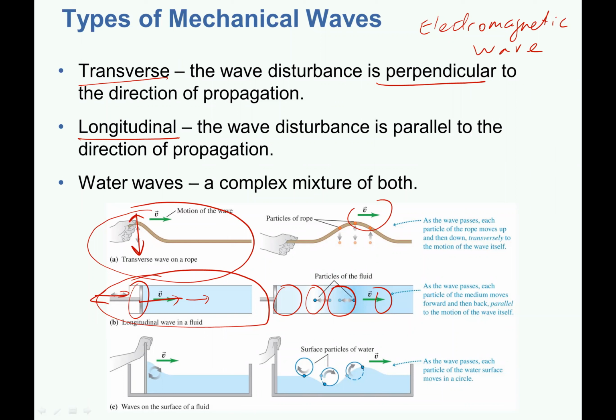That's why we don't cover water waves in this chapter, but we will see examples of transverse and longitudinal waves: a string wave is a transverse wave, a sound wave is a longitudinal wave, and those are nice applications of those types of waves.